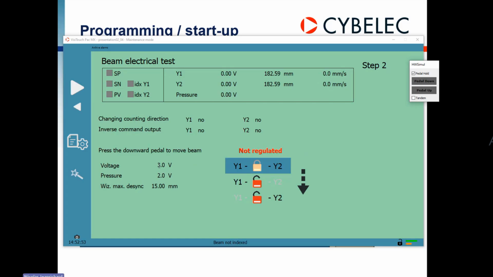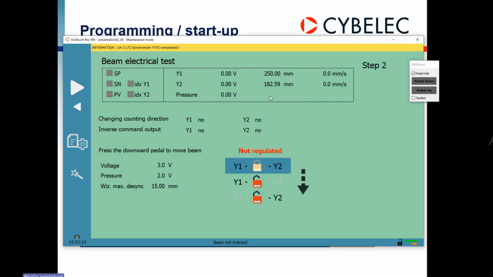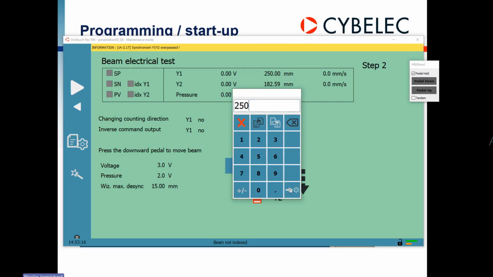It means we simply apply 3 volts on the proportional valve and 2 volts on the pressure. First, since we have not indexed the beam, you need to define the real axis position. So you need to measure Y1, Y2, and here teach those values. Let's say 250 here and 250 here.